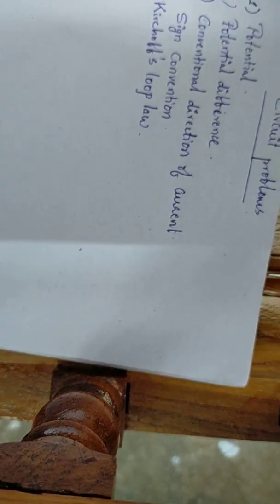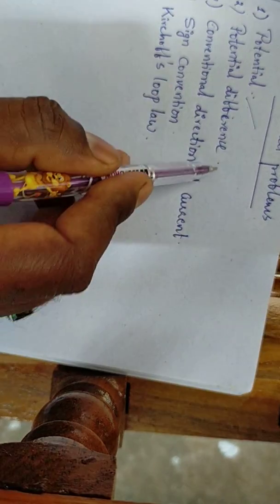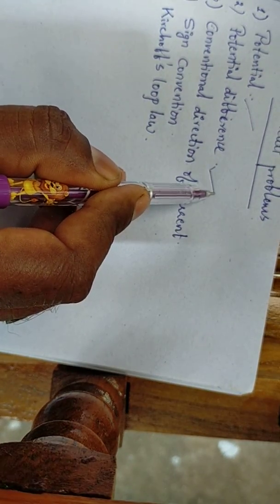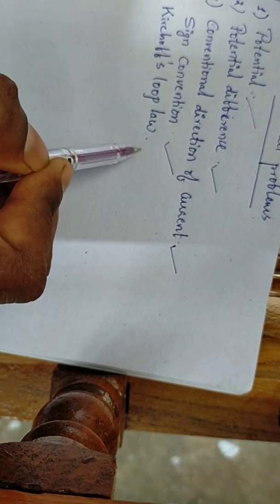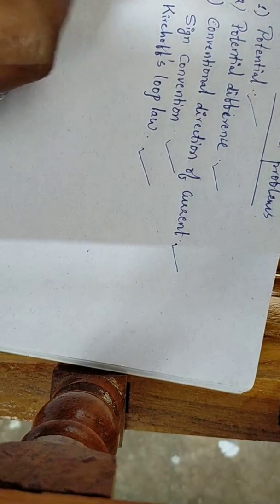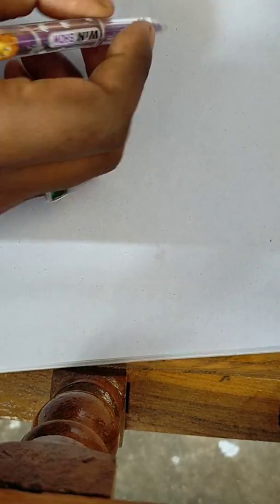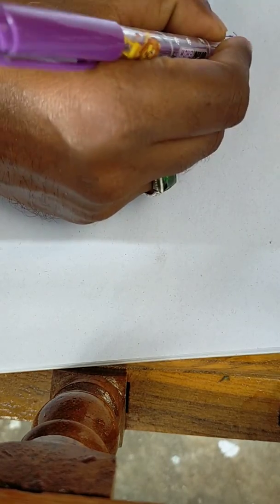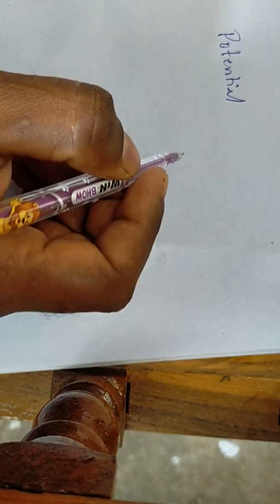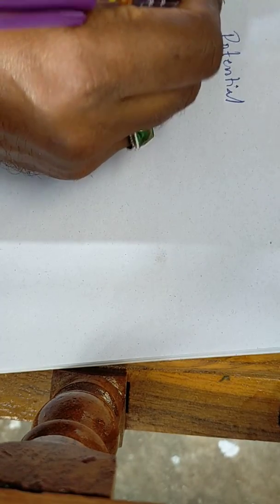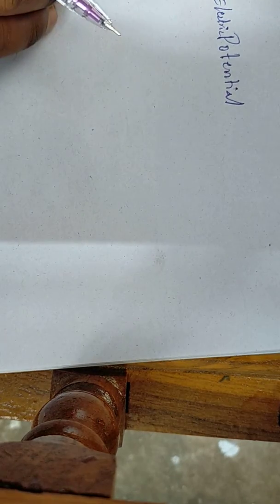You should have the knowledge of electric potential and potential difference. What is potential difference? Also the conventional direction of current, sign convention, and Kirchhoff's loop law. First of all, let us discuss electric potential.